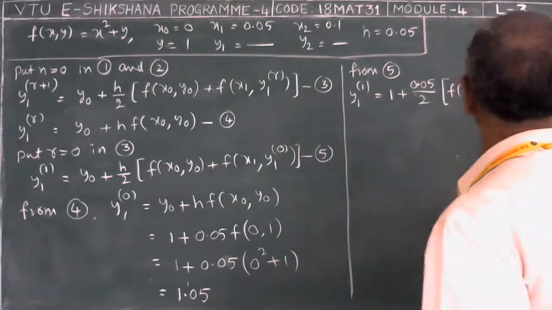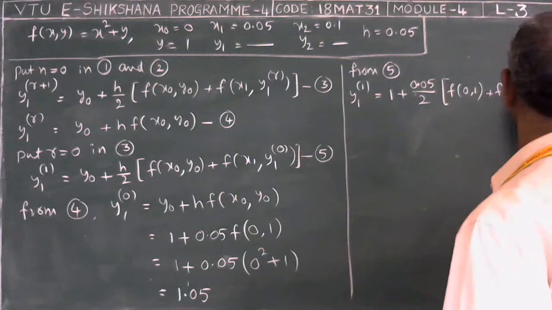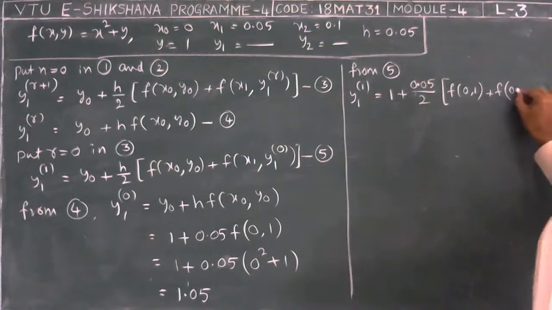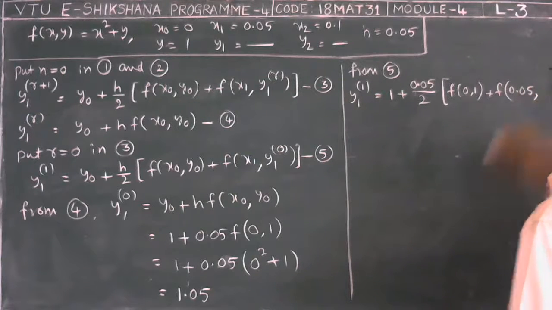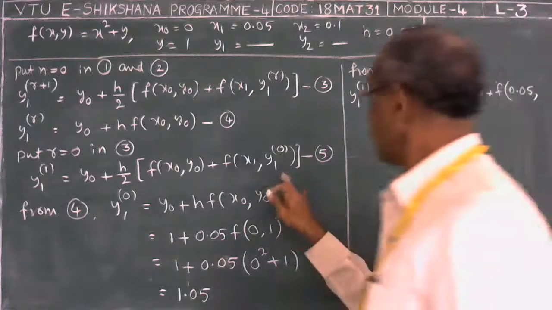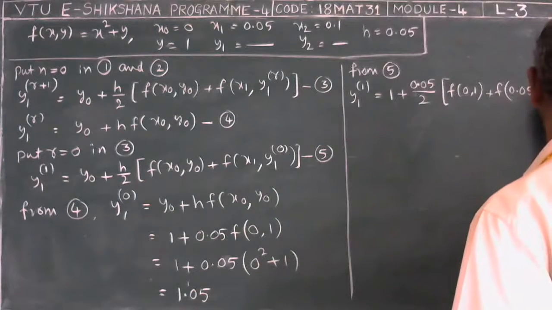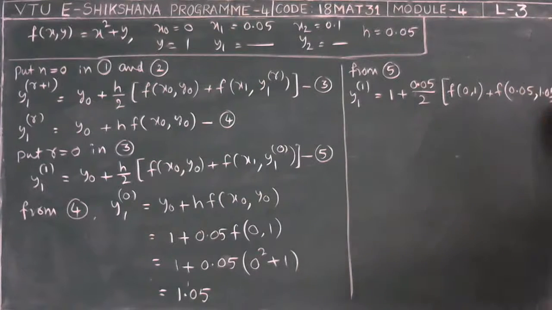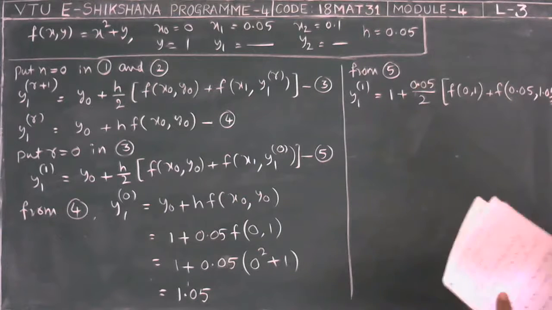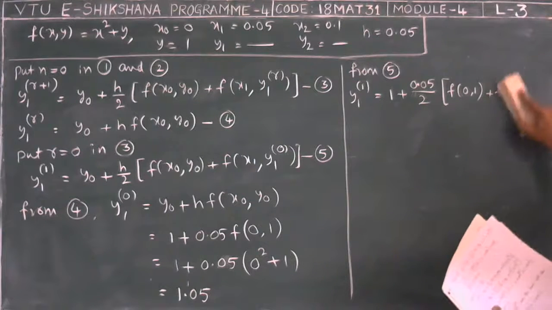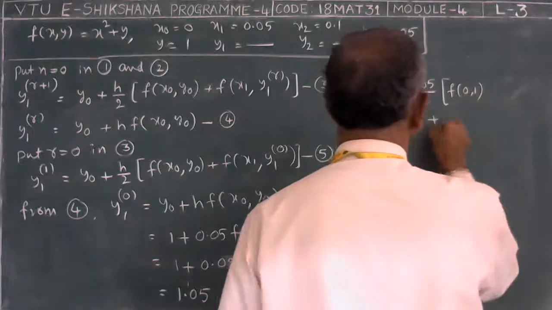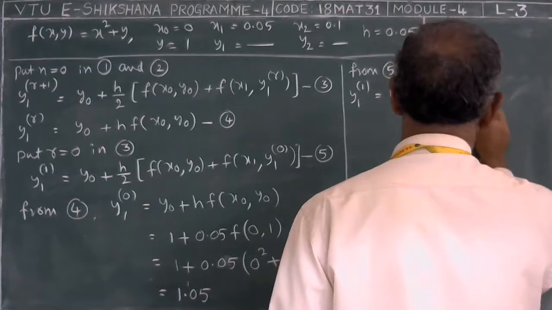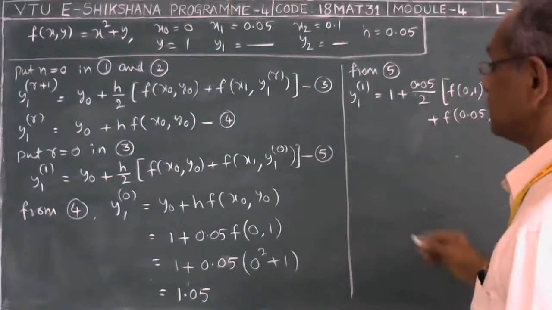What is x1? 0.05 comma y1 0, 1.05. So I write here plus f of x1, 0.05 comma y1 0, 1.05.